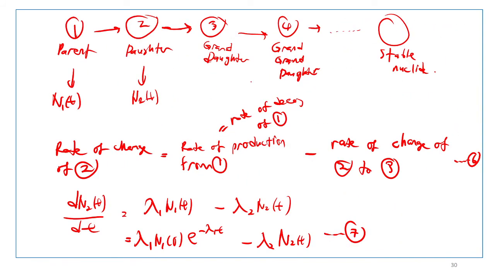Up to this point, we discuss N1 and N2. You can also repeat the same procedure to get N3 and N4, and until, let's say, Ni.